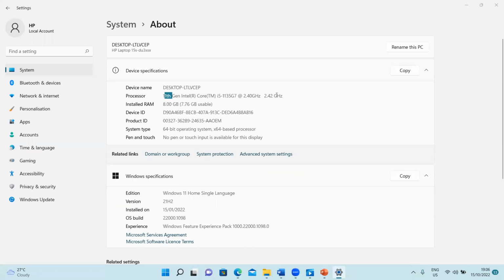When you go to This PC's properties, you can check your processor. Here it is i5, 11th gen, and the speed is 2.42 gigahertz, and the random access memory is 8 GB.